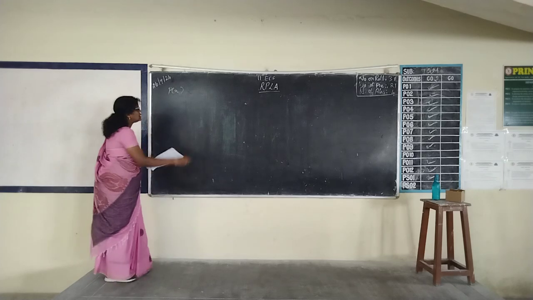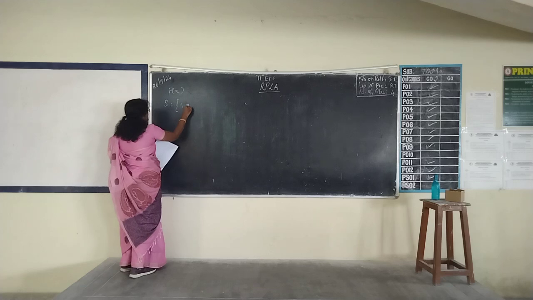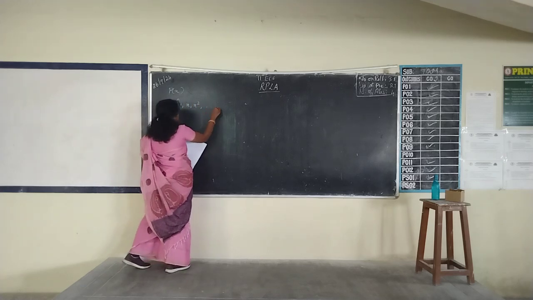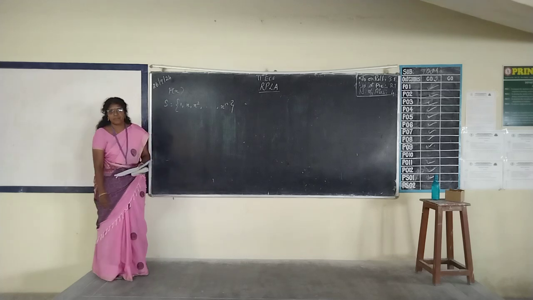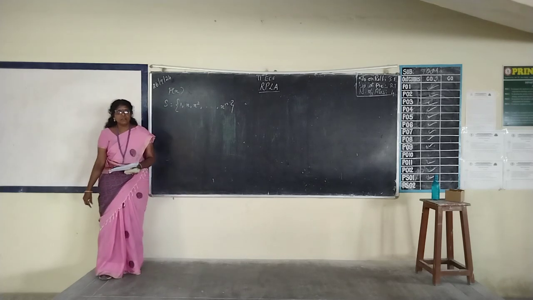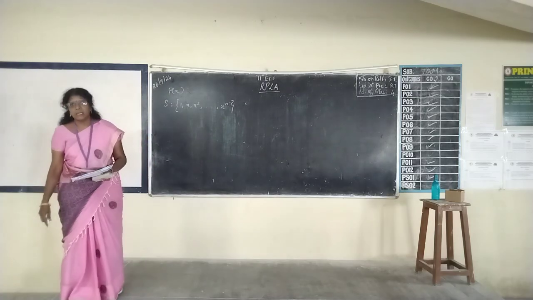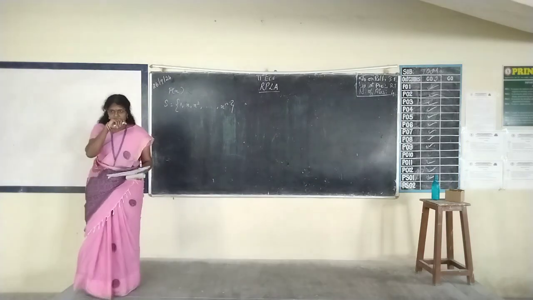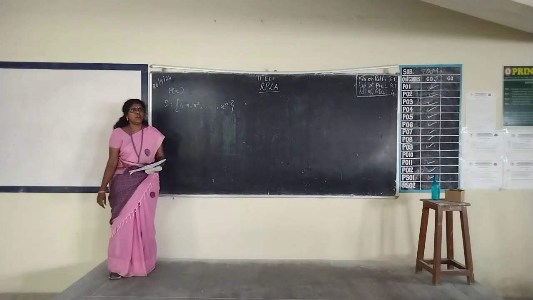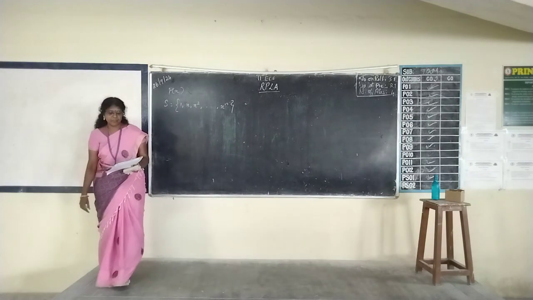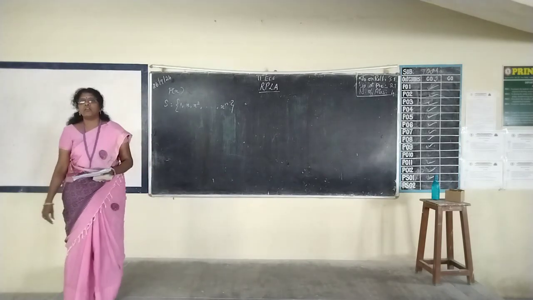Let S be defined as the set 1, x, x square, etc., x power n. Prove that S forms a basis of P of x.